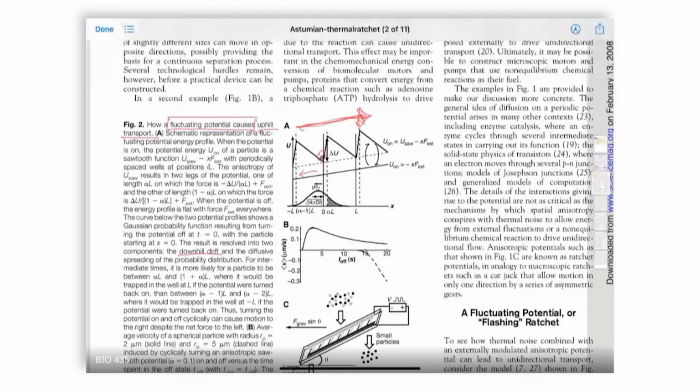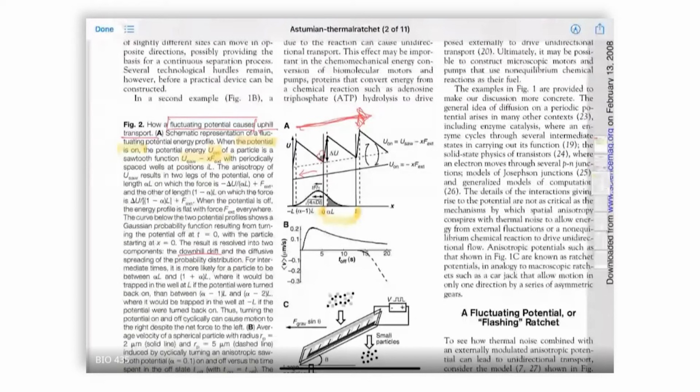When the potential is on, the potential energy U on is the sawtooth function minus x times F external. That x times F external is representing the gradient. The periodically spaced wells are at some position iL, that is these guys here, i being some index 1, 2, 3, 4.